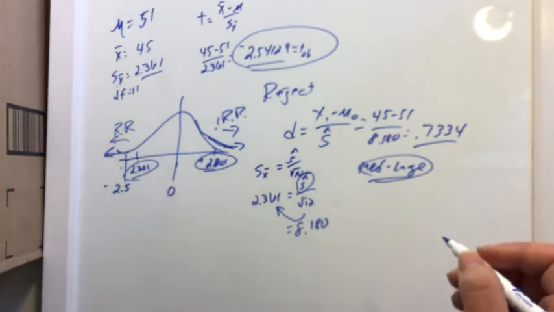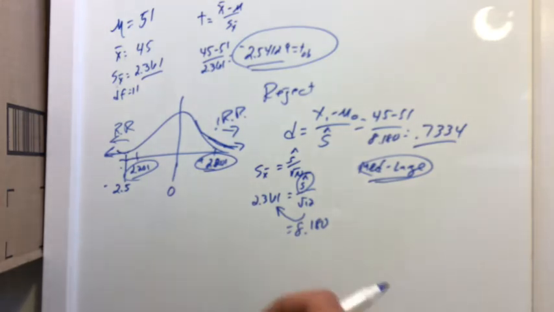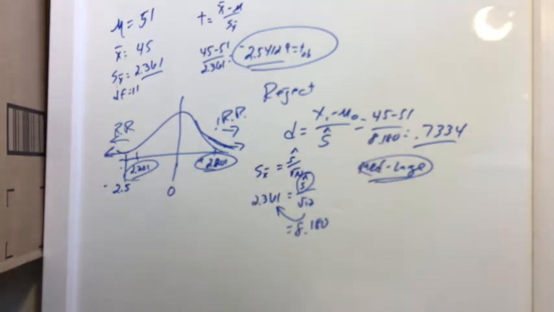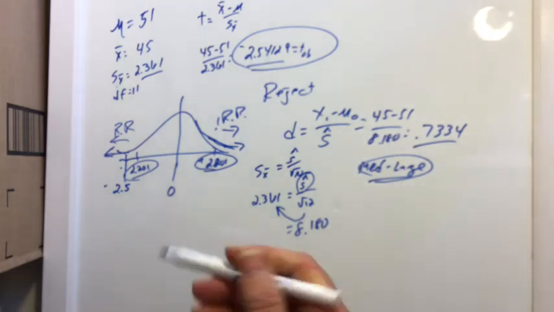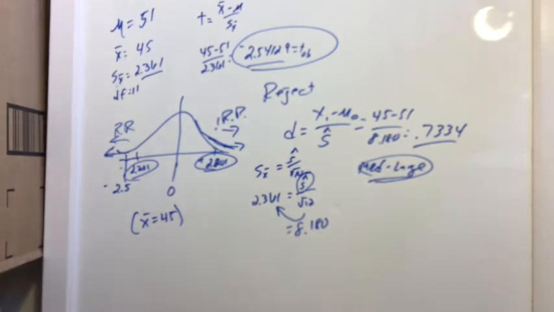What this final written conclusion needs to be is relating it back in actual words. All right, so what do we got going on here? We got a subsample of students with an academic difficulty, and we've got an average of college students of 51. So what can we say? We can say students experiencing academic difficulty, parentheses, an average of 45.